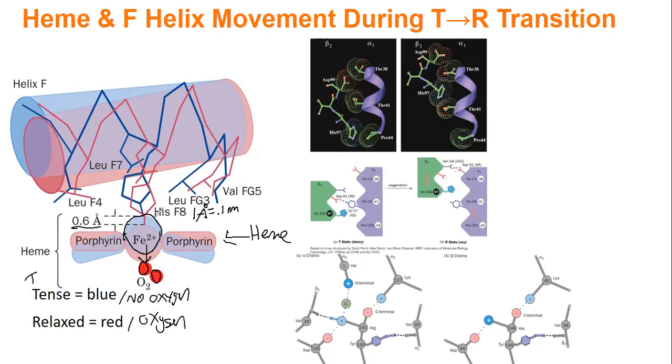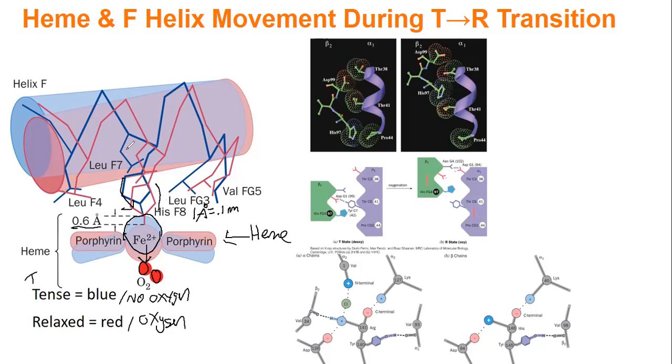So this iron moves down to go and interact with the oxygen. When this iron moves down, remember we have a distal histidine that is non-covalently attached to the iron. So the histidine is going to follow this iron. So the histidine gets pulled down as well. When that histidine gets pulled down, it's connected to all of the other amino acids via peptide bonds, right? It's part of a protein.